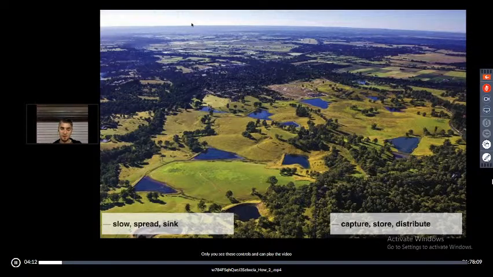And after that first priority is done, then we capture, store, and distribute the rest of the water. The extra we have, we store for later when it's necessary in case of drought, or if there's too much water, we use the earthworks to channel that water beyond our farm, into the rest of the watershed below.